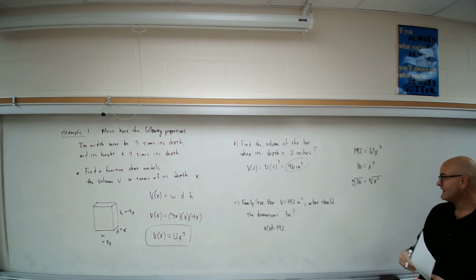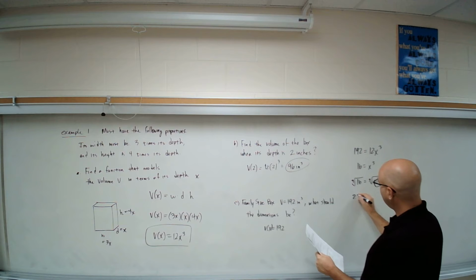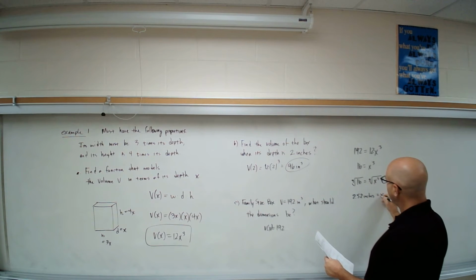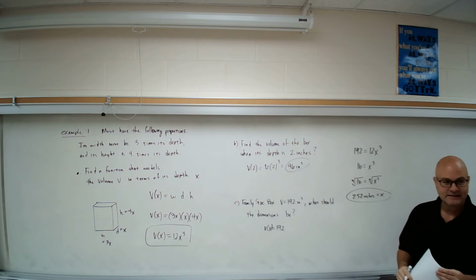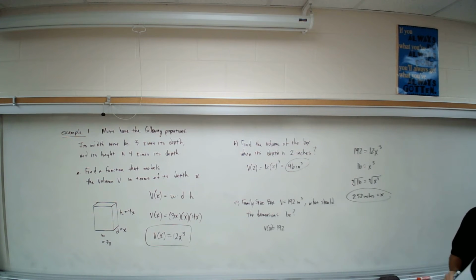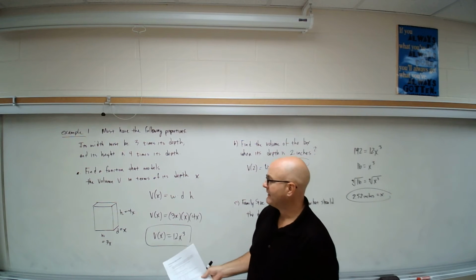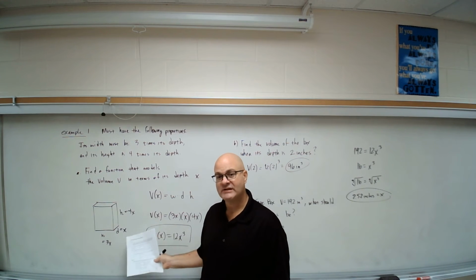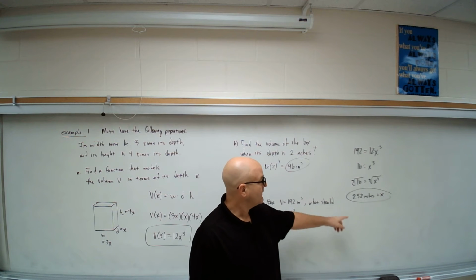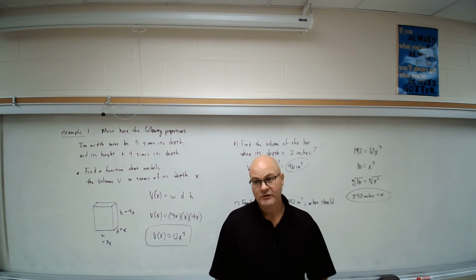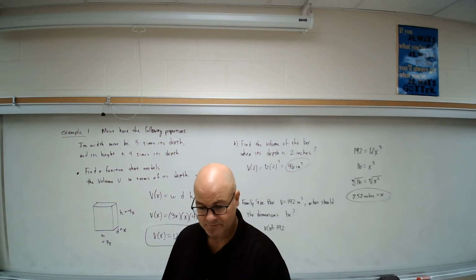And then we evaluate this and we get that about 2.52 inches would be equal to x in that case. So if the x dimension was about 2.5 inches, and we kept the proportions, we would have a total volume of 192 cubic inches for our cereal.